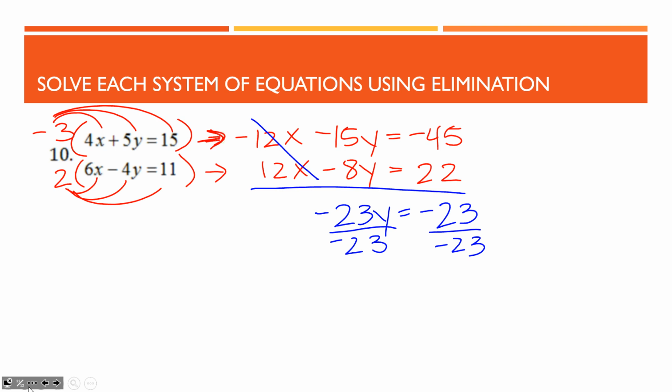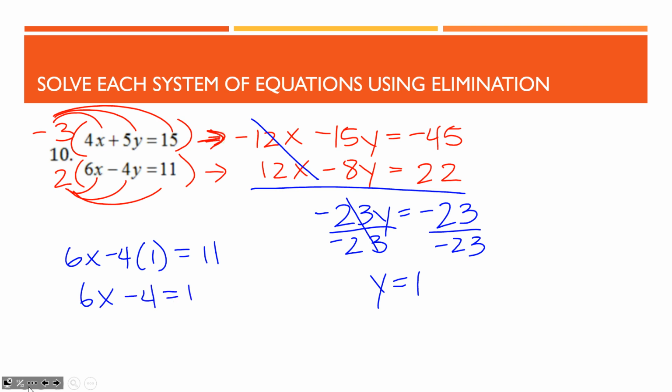Divide both sides by negative 23. Y is equal to positive 1. And then I'll just plug back into the bottom equation, and I'm going to solve for x. So 6x minus 4 equals 11. Add 4 to both sides.